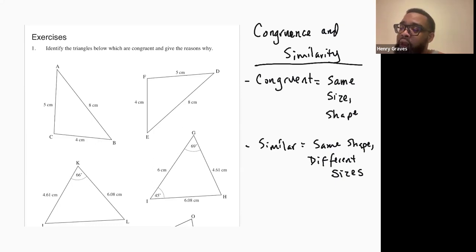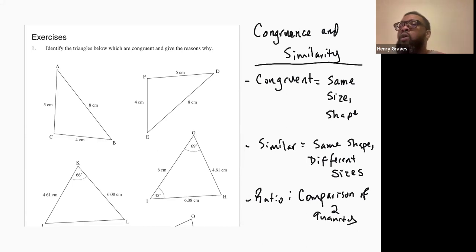A ratio is a comparison of two different quantities. For instance, if you're in a room with 12 boys and 16 girls, the ratio of boys to girls would be 12 to 16.